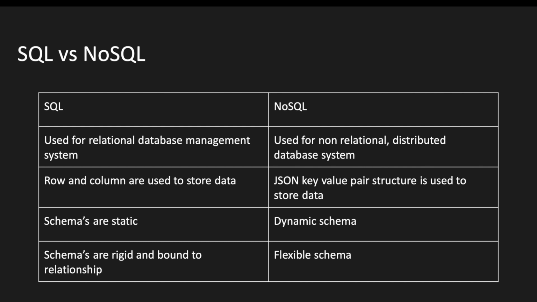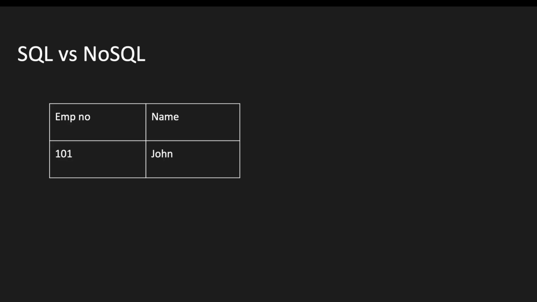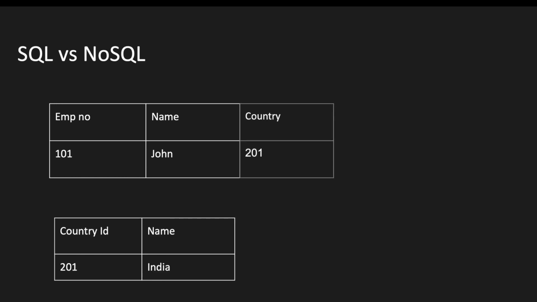For example, if we have a country table with country ID and name, and an employee table with a country ID field, which has a foreign key relationship with the country table, then in this case we cannot insert another country ID which is not there in the country table. While in case of NoSQL, schemas are flexible, we can insert any data.